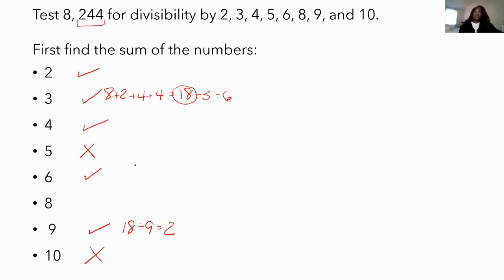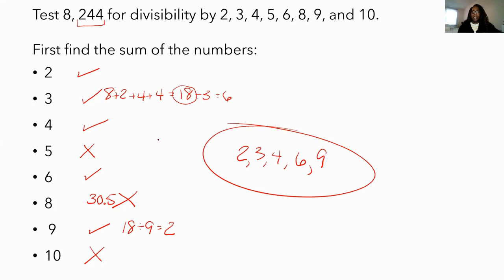So 244 divided by 8, I think that's going to give me a decimal, guys. And I'm right, it gives me 30.5. So that means I'm going to have that remainder. So 8 does not work. So I think the only ones that don't work are 5, 8, and 10. So that means my answer for this is going to be 2, 3, 4, 6, and 9.